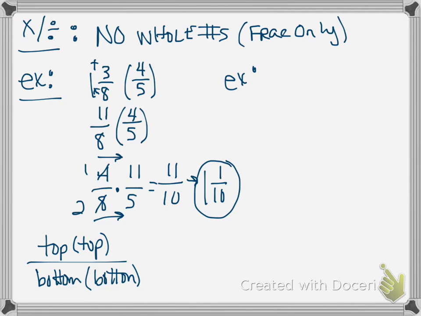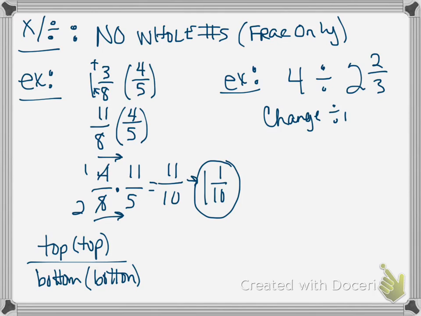When we divide, we have to change it to a multiply. So if I said 4 divided by 2 2/3, first of all, we're going to have to change our divide to multiply. And we do that with keep, change, flip.